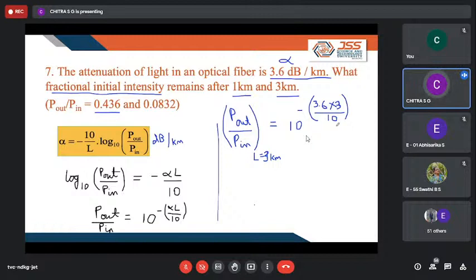Now you take 10 to the power of minus that value. So you'll get P out by P in for L is equal to 3 kilometer as 0.0832.